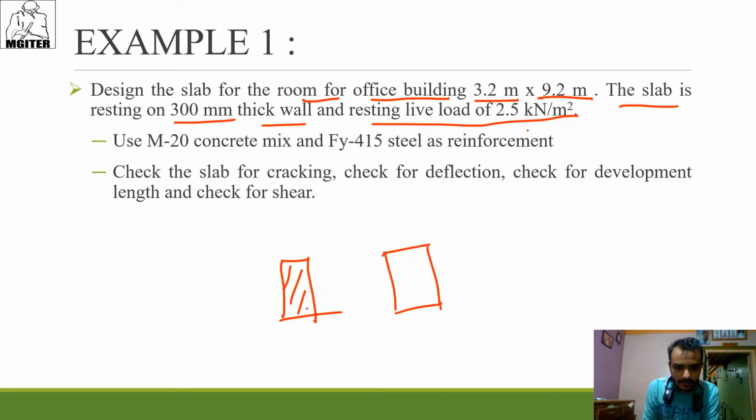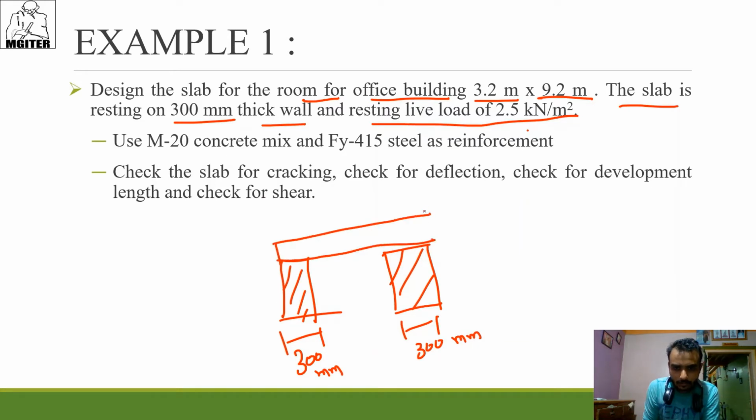If I say this is the wall which width is 300 mm, and on this wall the slab is resting, and the slab carries a 2.5 kilonewton per meter square live load.